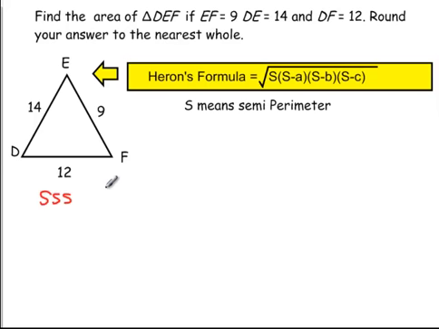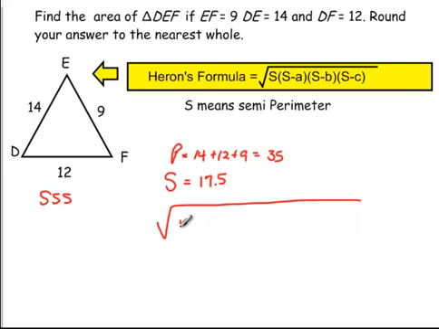Okay, so the semi-perimeter, well, the perimeter is 14 plus 12 plus 9. So that's 26, 35. So my semi-perimeter is 17.5. Here we go. Semi-perimeter of 17.5 times 17.5 minus one side, 17.5 minus the second side, and 17.5 minus the third side.